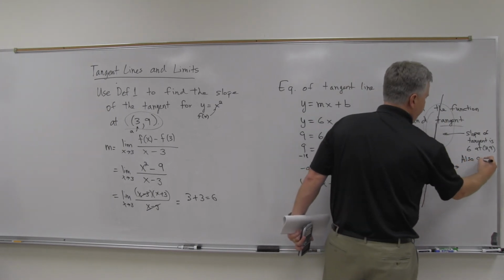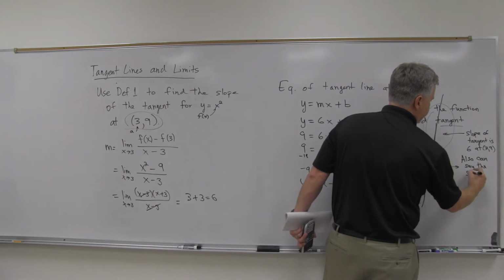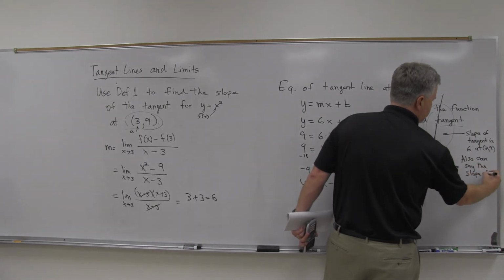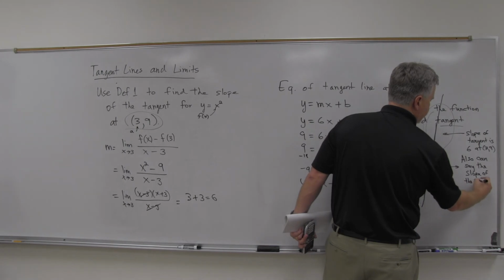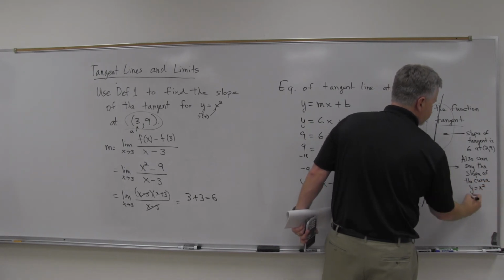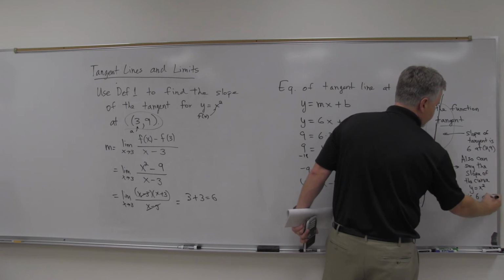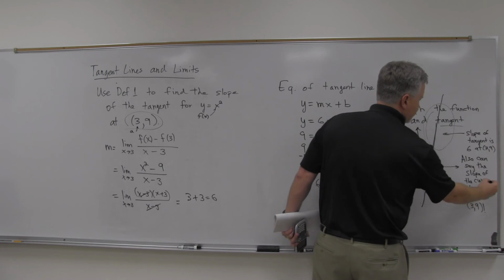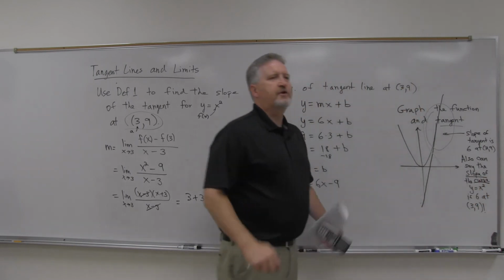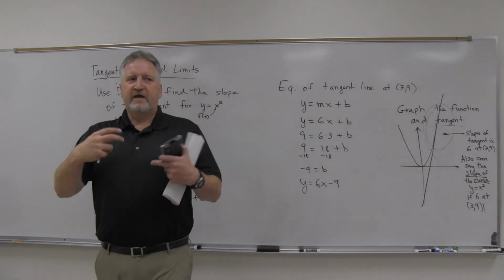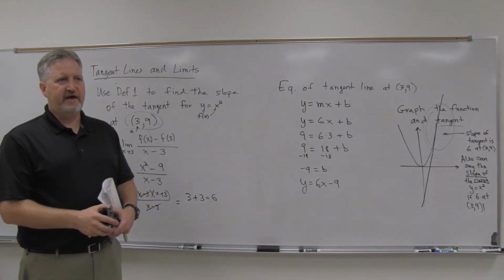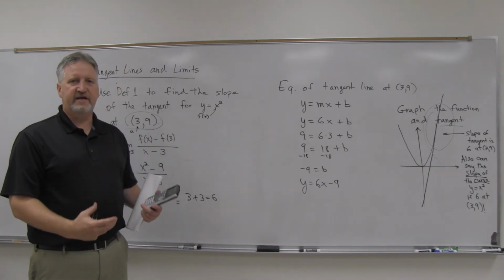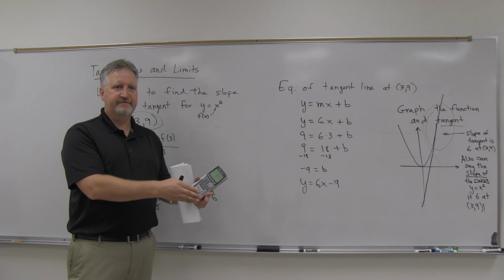So we also can say the slope of the curve, y equals x squared specifically, is 6 at 3, 9. So the slope of the curve. Sometimes you'll hear that referred to as not necessarily just the slope of the tangent, but the slope of the curve at that point.